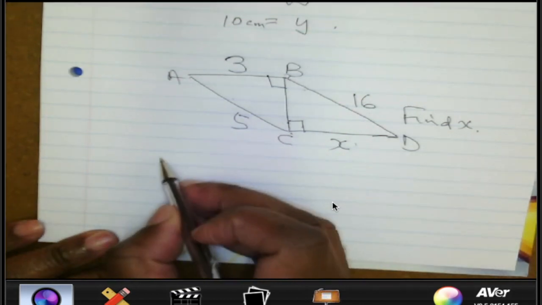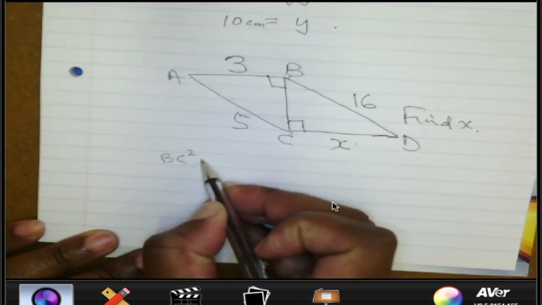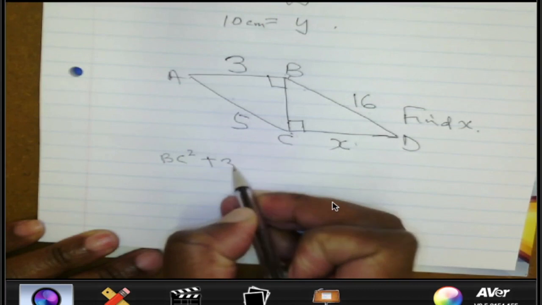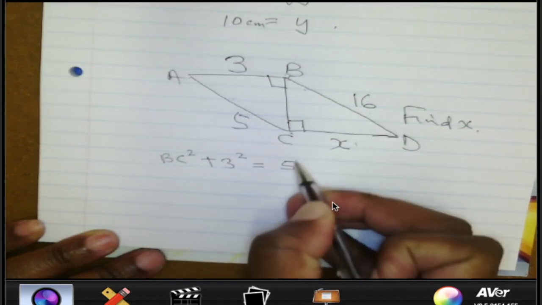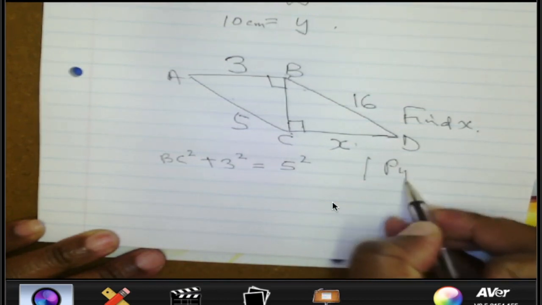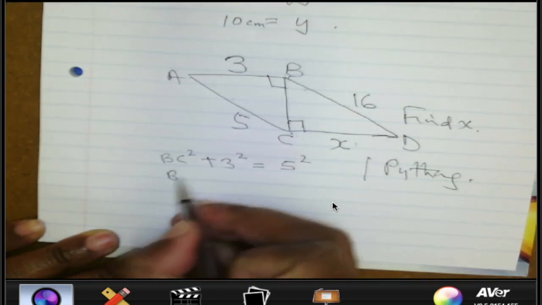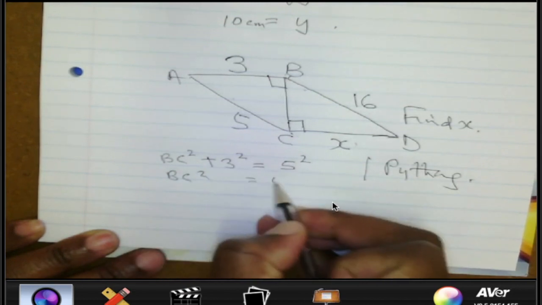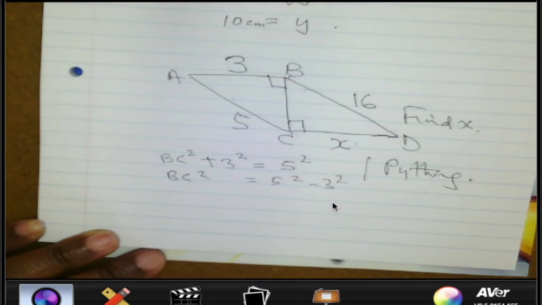So what you can say initially is the BC, if you square it and you add 3 squared, we should get 5 squared. And the reason is Pythagoras theorem. Right. That is where she is getting BC squared is equal to 5 squared minus 3 squared, because we can now move our terms.